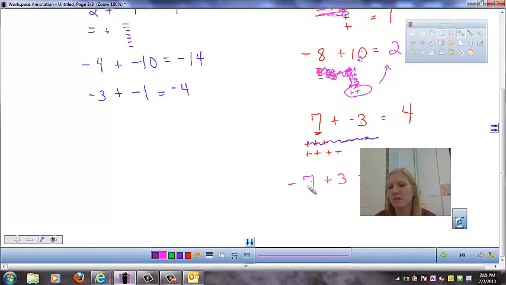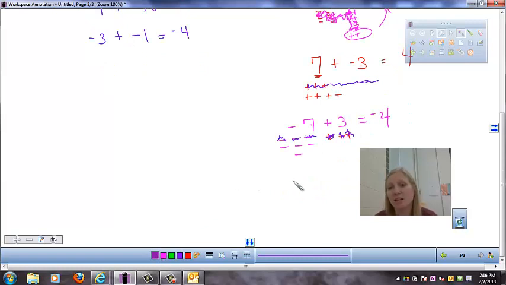So since the bigger number has the negative, my answer has to have the negative. Because I would have 7 negatives and 3 positives. So I can cross off 3 of my negatives, because these cancel each other. The pluses and minuses are opposites, they cancel. And if you look, I have 4 negatives left.